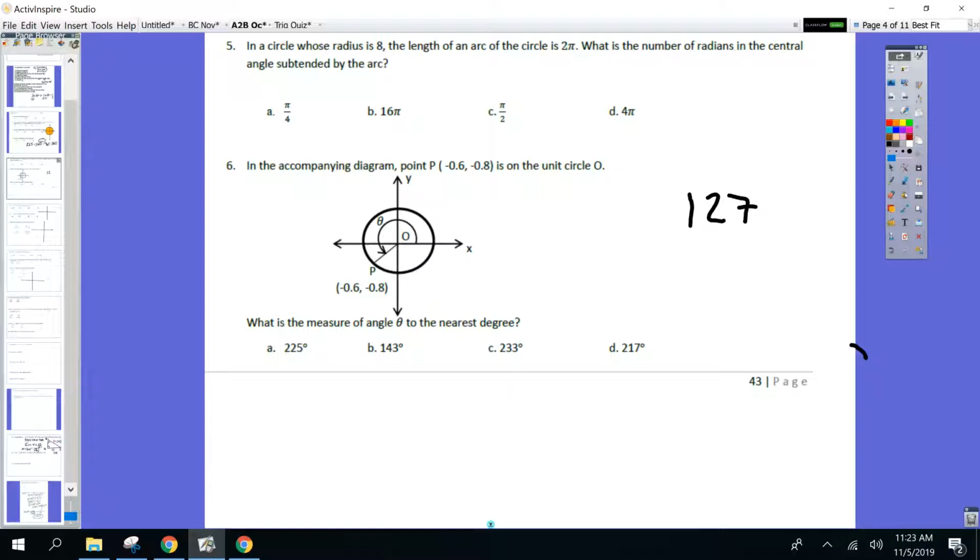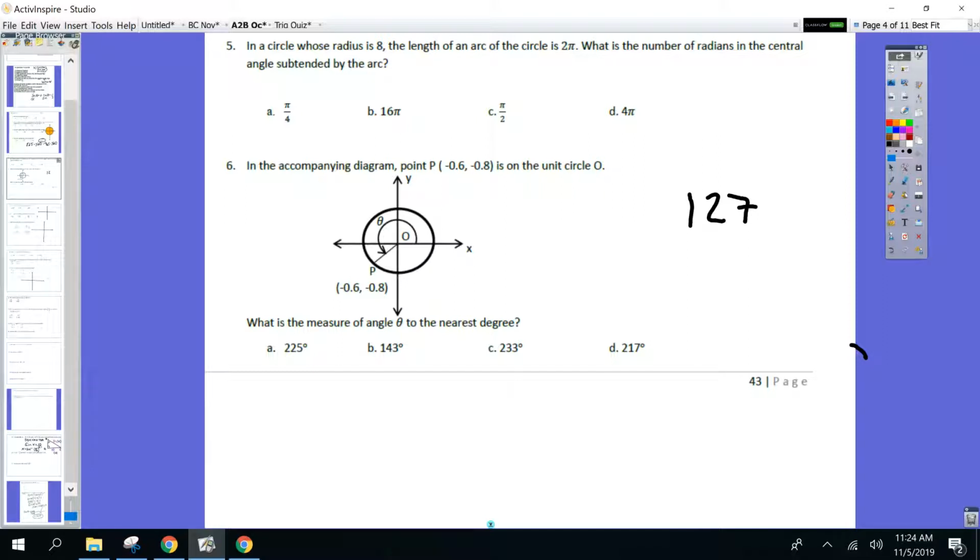That's what my calculator gives me. But that's in what quadrant? Second, and my angle's in the third. So all you have to do, Art, is take 127, find its reference angle, and that reference angle will be the same reference angle in quadrant 3. All reference angles are the same in every quadrant. Good one.